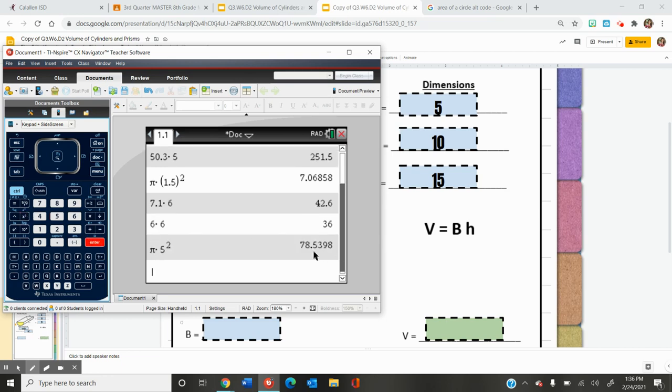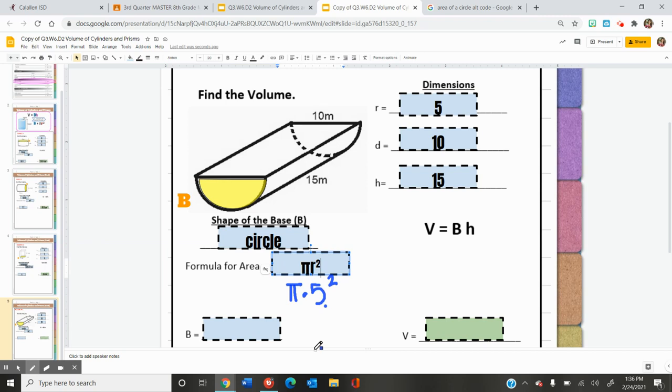I press enter, and I get 78.5398. Now remember, I can round this to the tenths place, so here it's going to be 78.5. So I'm going to go ahead and type that in right here. B equals 78.5.